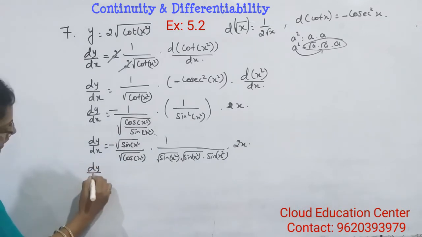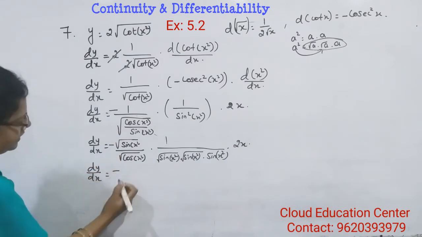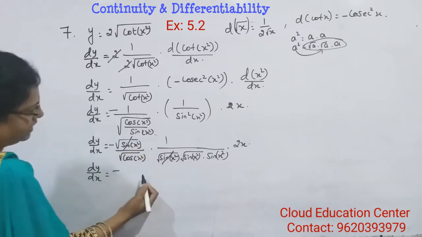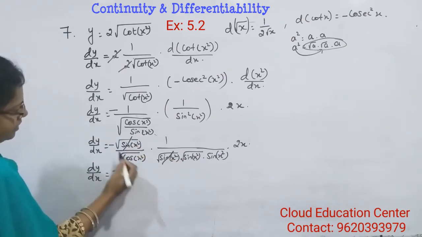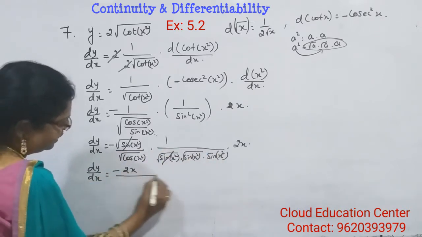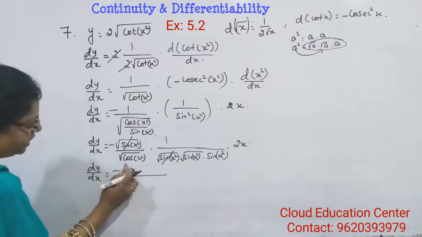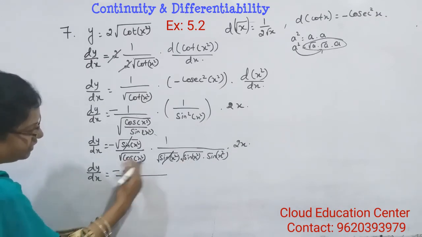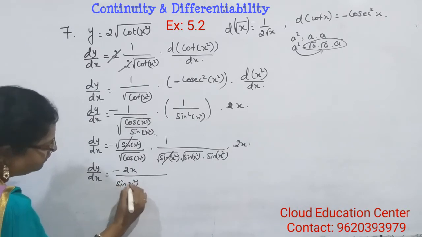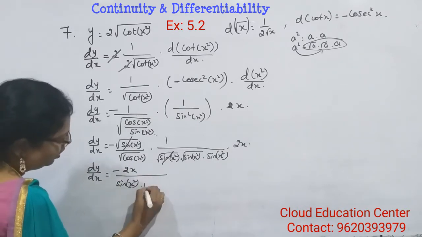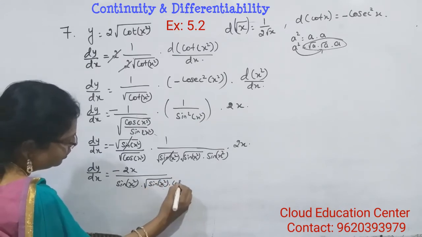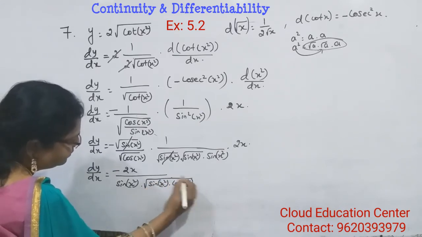Now dy by dx equal to minus, this root sin x square and root sin x square will cancel. So minus is there, we will write minus and 2x bring in front, divided by root of sin x square and root of cos x square, that both will combine. First we will write sin x square, and then the common root of sin x square into cos x square.